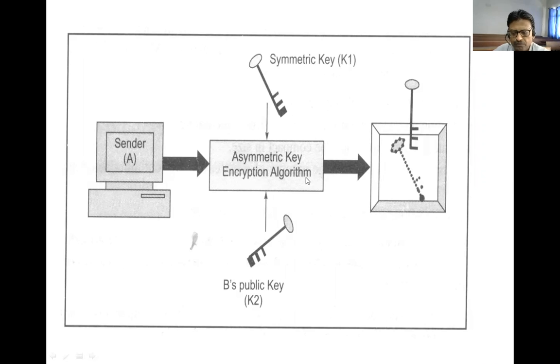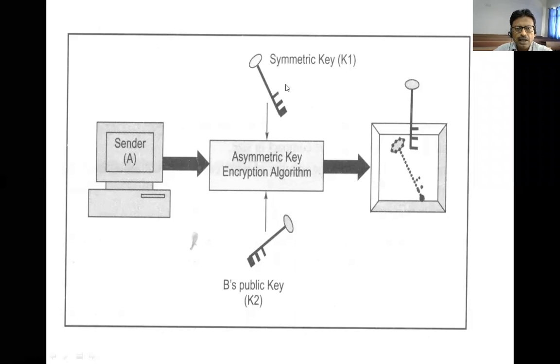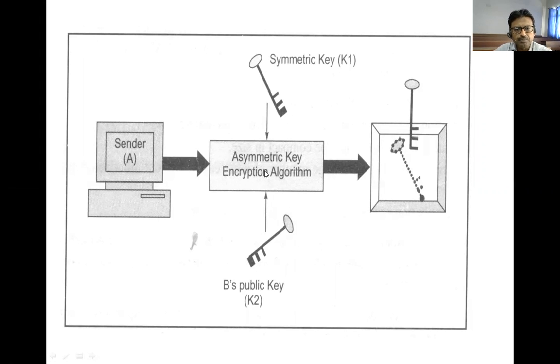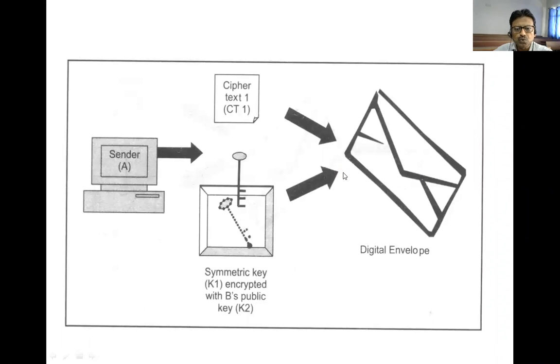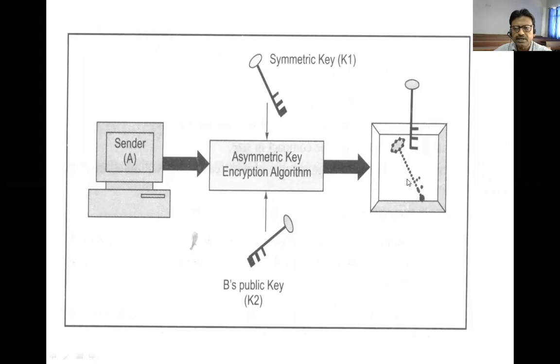So it means we have done two encryptions. One is plain text encrypted to ciphertext by using a symmetric key encryption algorithm, and the symmetric key is encrypted with the help of an asymmetric key encryption algorithm. So we have two pieces of encrypted information. One is the ciphertext, another is the encrypted symmetric key.